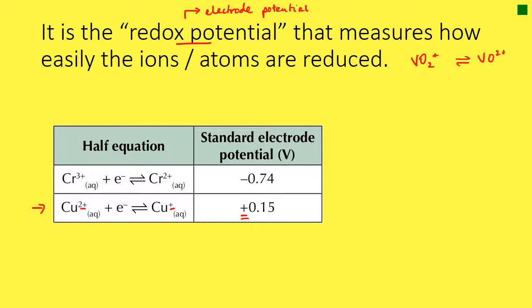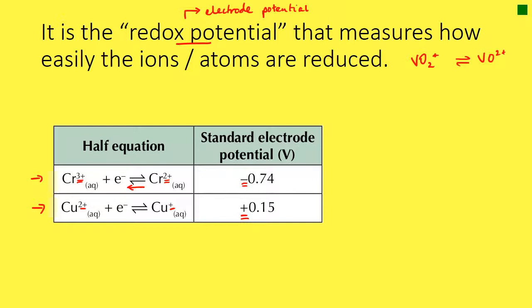It does want to happen compared to the standard hydrogen electrode. Whereas in the first example, when you're trying to make a chromium 3+ ion go to a chromium 2+ ion, you're trying to do that reduction reaction. Actually, the negative sign there says that it doesn't really want to happen. It would rather really go in the backward reaction compared to the hydrogen standard cell.